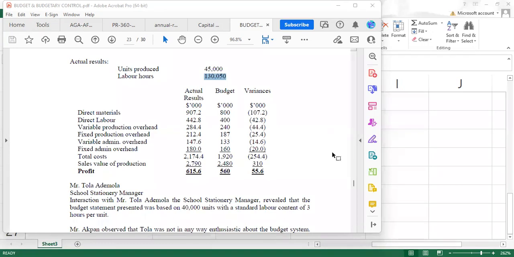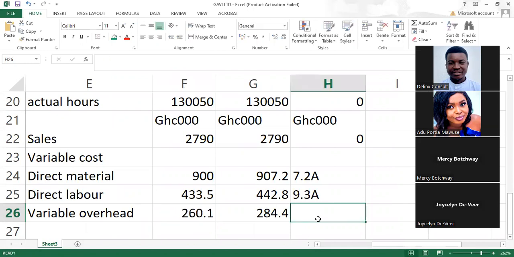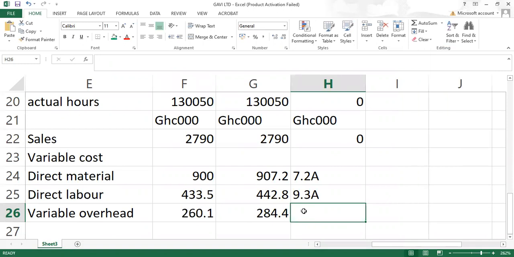So I had 260.1. Okay, 260.1. That is the answer. So what is happening? Are we spending more? By how much? 24.3. 24.3. Adverse, isn't it? Yes.